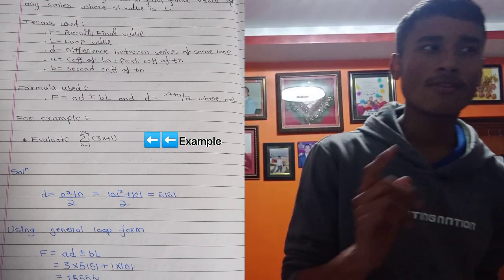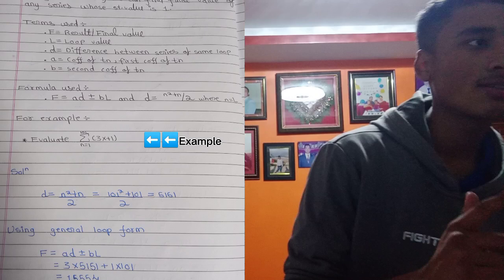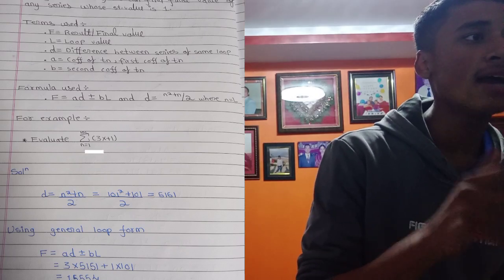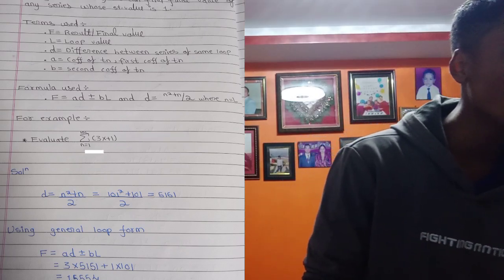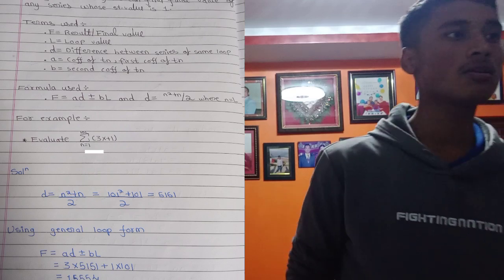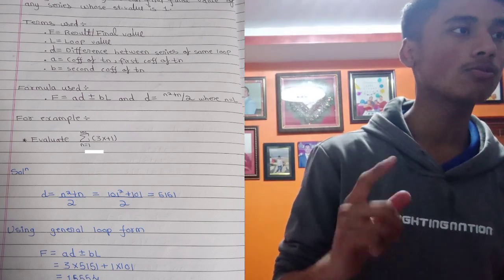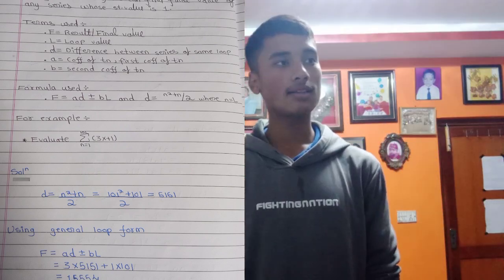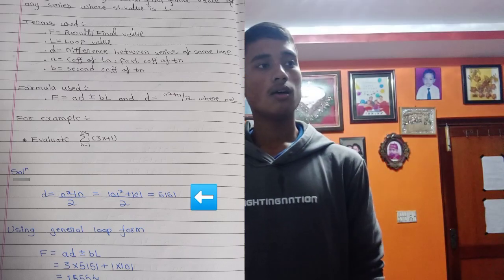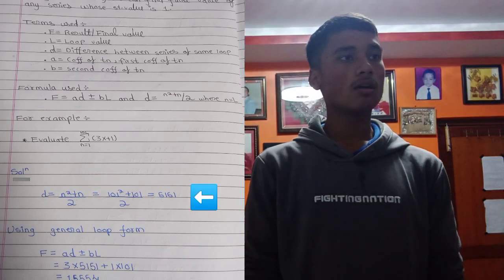For example, I've given an example. It's the summation where the starting value of n is 1, the looping term is 101, and the general term is 3x + 1. I first found the common difference of the looping value.